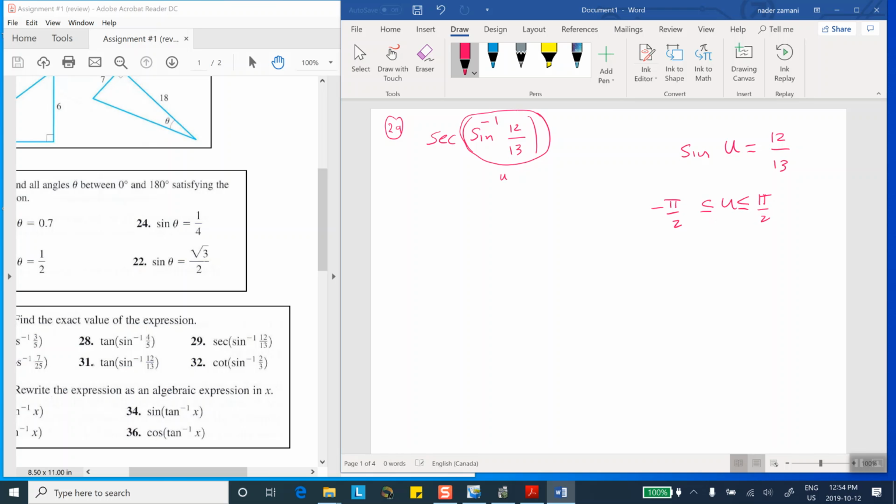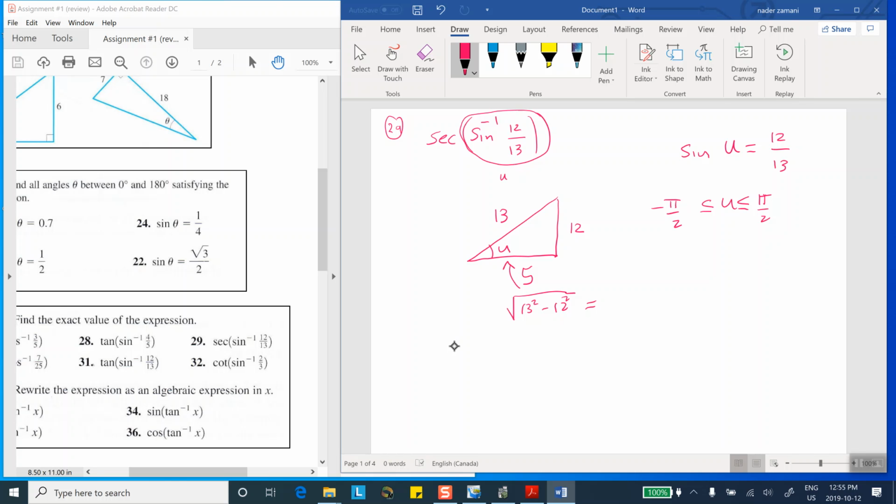Now we're going to draw a right triangle here. There is the angle u. The hypotenuse is 13, the opposite is 12. Based on the Pythagorean theorem, square root of 13 squared minus 12 squared, this edge is going to be 5.